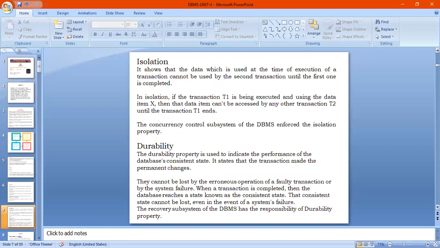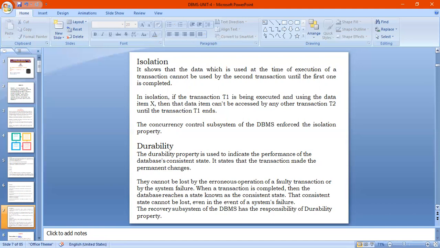So the first one is independent. After the first one is completed, it goes to the second one. So this is called isolation.